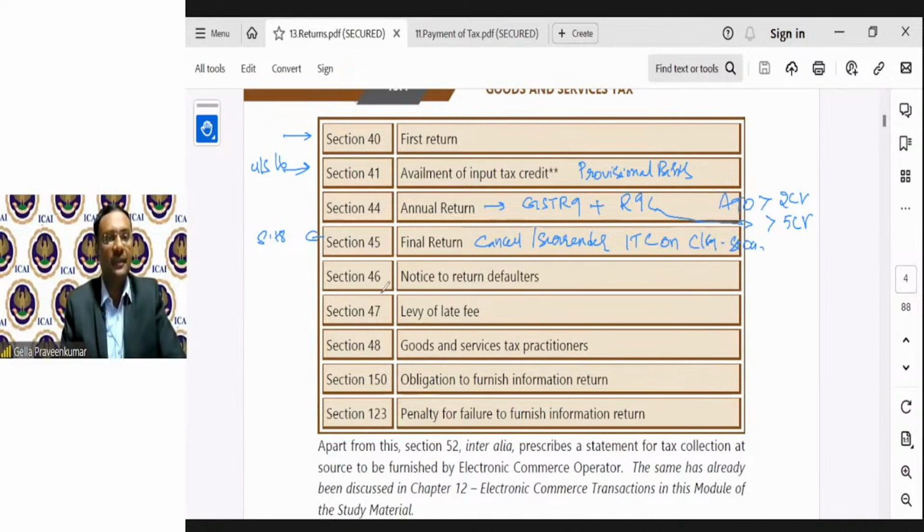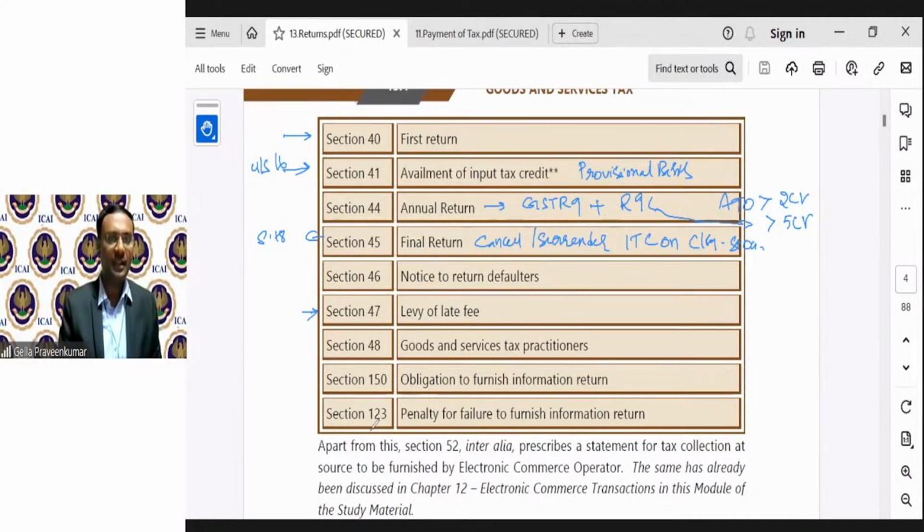Then Section 46, notice to return defaulters. This is the job of the jurisdictional GST officer, wherever you have taken a registration but have not been filing your returns in a timely manner. Scrutiny of those returns or sending notice to the defaulters is carried out under 46. Levy of late fee is covered under 47.